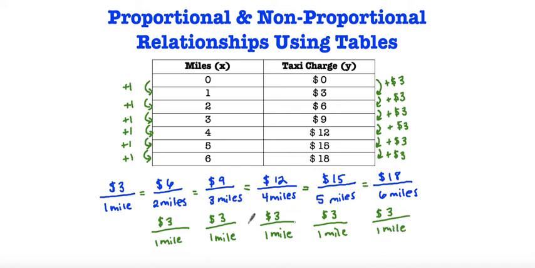So all of our rates are equivalent, making this a proportional relationship.